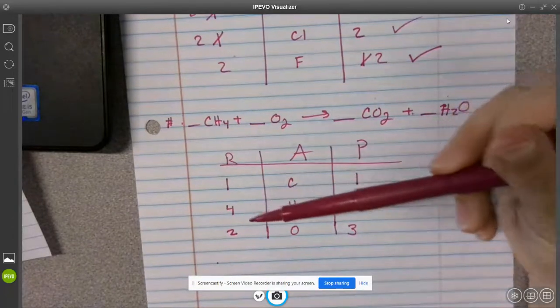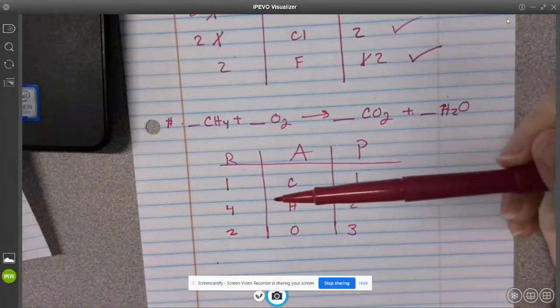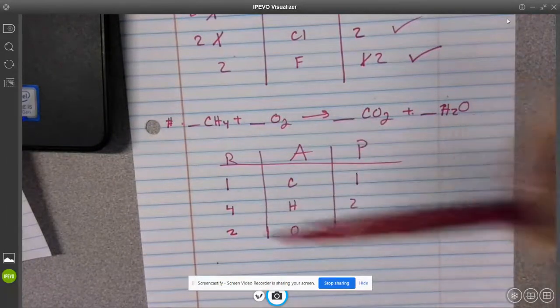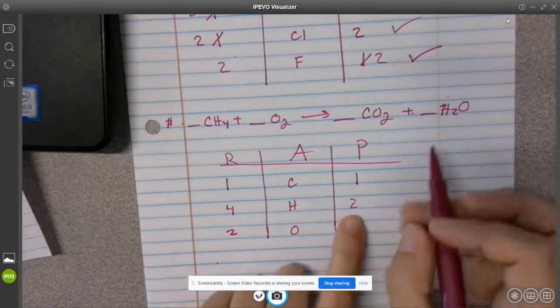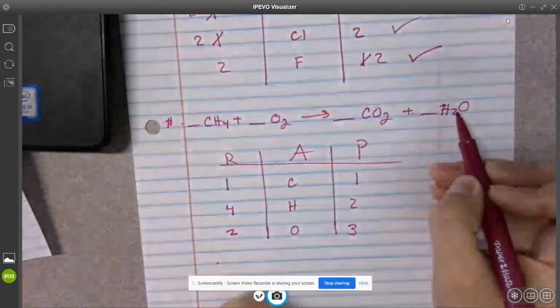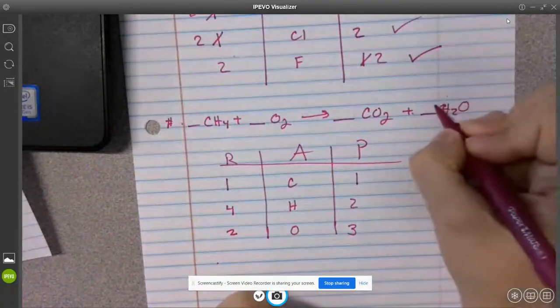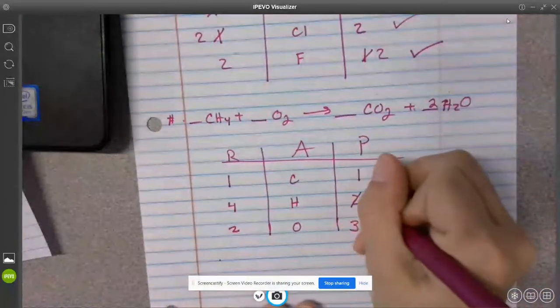Hydrogens, I'm going to look at these and I'm going to say, okay, I have 4 on my reactant side over here. I need to try to get up to 4, or at least find a common ground. But I see that I have 2. If I increase my number of water molecules, I know that 2 times 2 is 4.